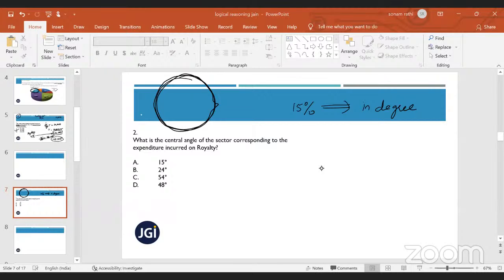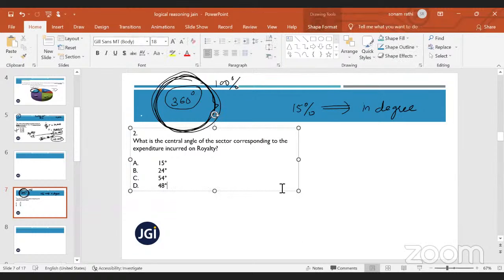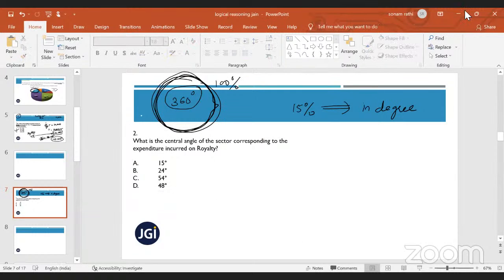Yes, correct, everyone. 360 degrees. And I also know that one complete circle means 100%, because if I write the breakup of expenditure, it will total 100%. So can I say that 360 degrees is equal to 100%, right?